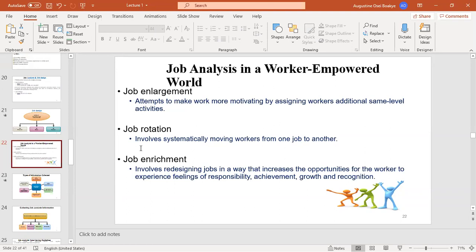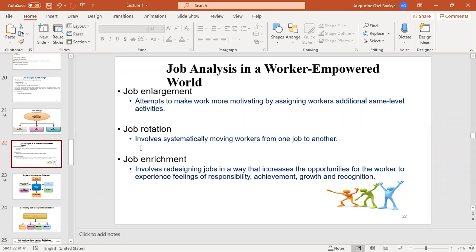In other words, a task that was previously performed by about two or three people is now being combined to create a new job which will be performed by only one job incumbent.